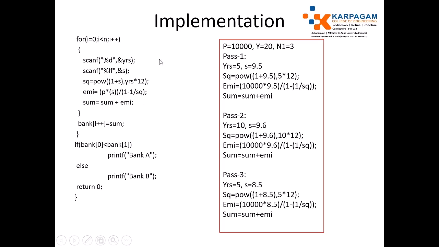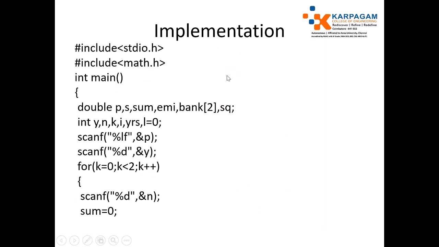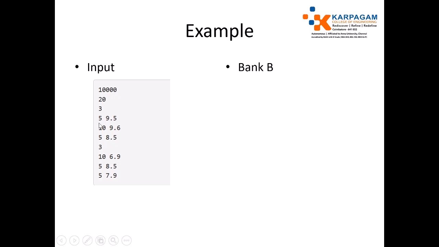Here for N1 number of inputs, how will it be calculated? I will unroll these things. First consider principal amount of 10,000 and y equal to 20 and n equal to 3. In pass 1, first iteration for bank A, the user is giving years equal to 5. Previous input mentioned years equal to 5, 9.5; 10, 9.6; 5, 8.5.